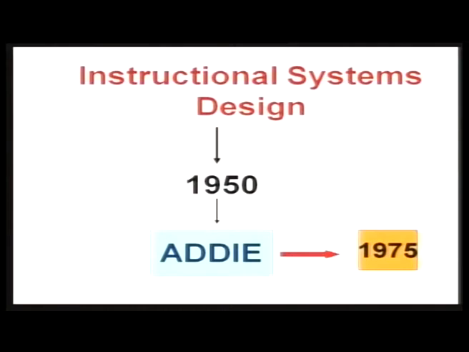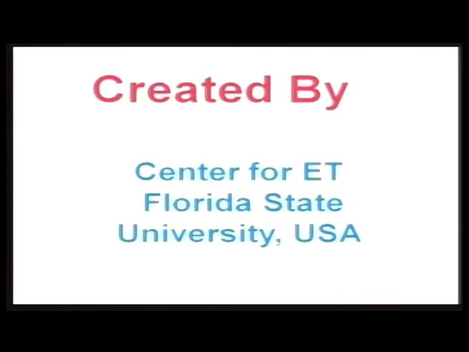At that time, in 1975, the ADDIE model was developed, created by the Center for Education Technology, Florida State University, USA. Since then it developed and went through many phases, and now this is the model which is used by the majority of educators.